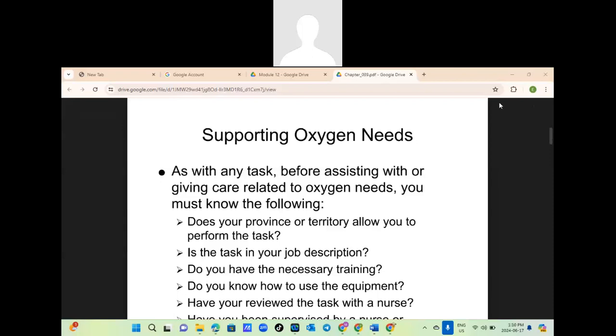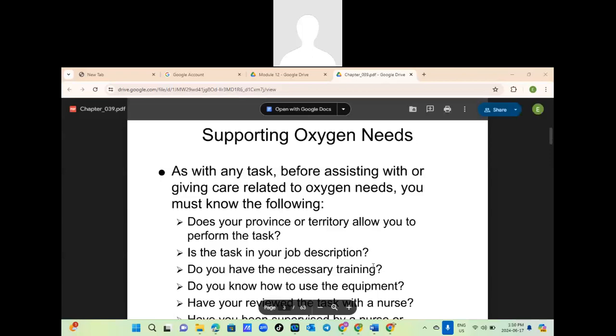So you have to know your job description as well as your scope of practice. Is the task in your job description? Do you have the necessary training?